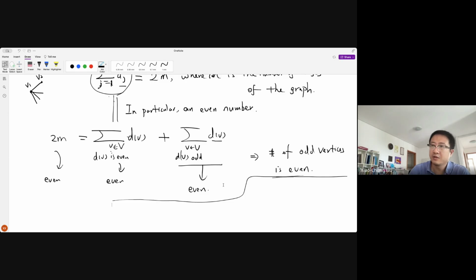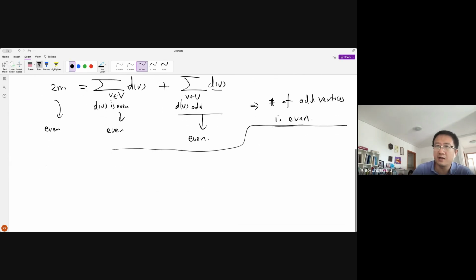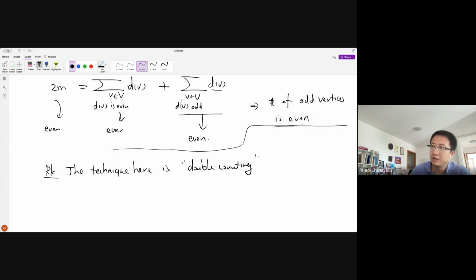Okay, so here I want to make this remark. I said it, I want to write it. So the technique here is what we call double counting. It's really important.